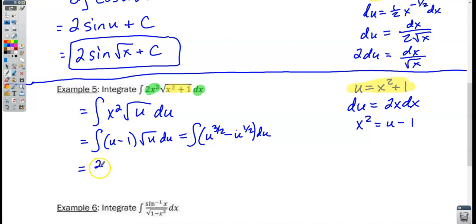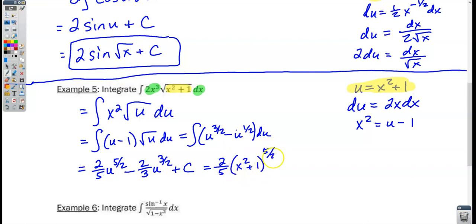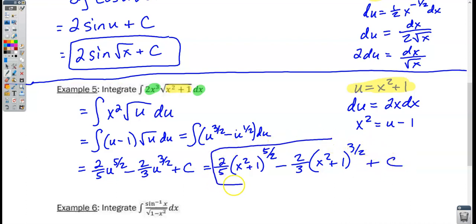This is going to be 2/5 u to the 5/2 minus 2/3 u to the 3/2 plus c, and we'll bring u back, and this turns into 2/5 times the quantity x squared plus 1 to the 5/2, minus 2/3 quantity x squared plus 1 to the 3/2 plus c. Boom. There is our integral in example 5.